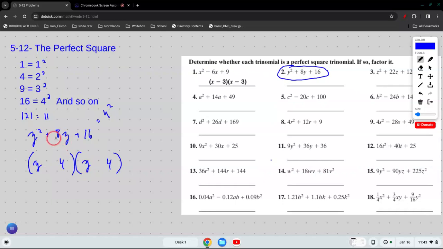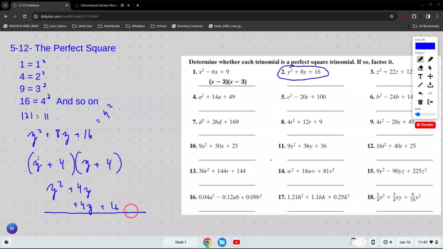I want to get 8y in the center. After you've been doing enough of these FOILs, it pops out for you. So watch this. Y times y is y squared. Y times 4 equals 4y. 4 times y equals plus 4y. And the last one is plus 16.